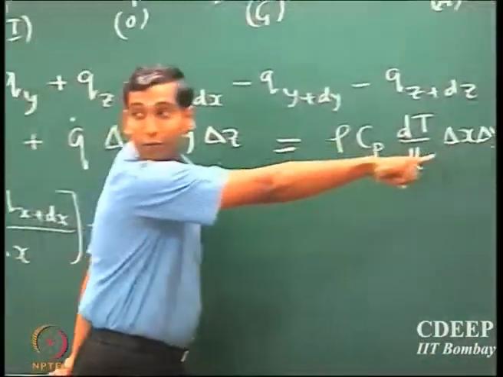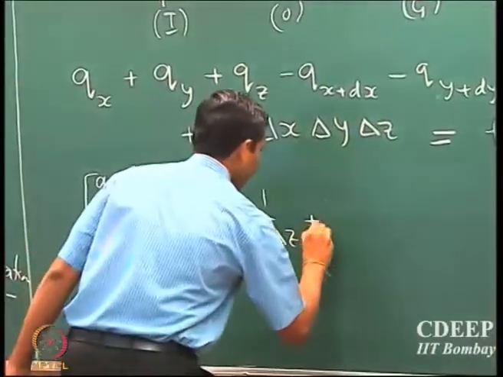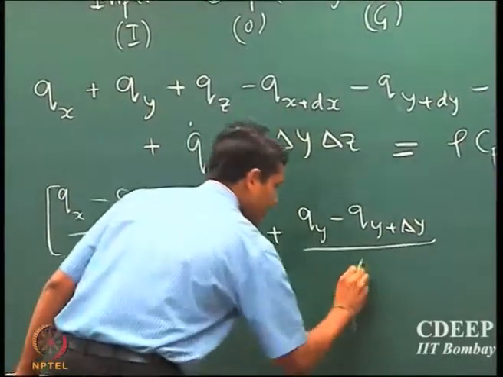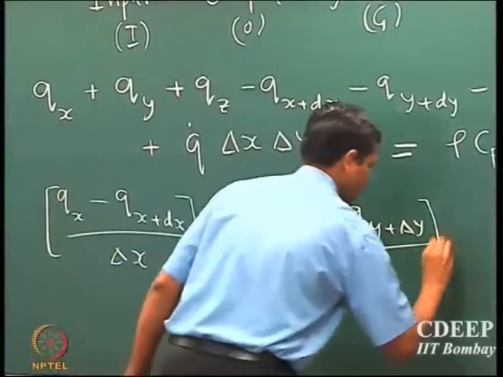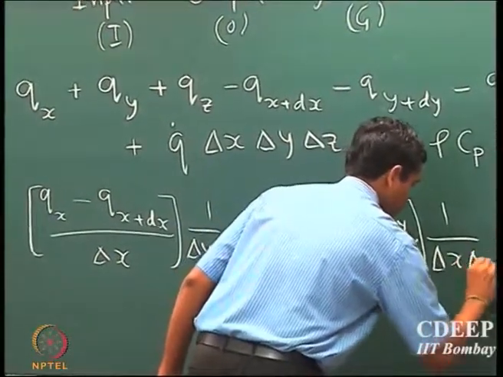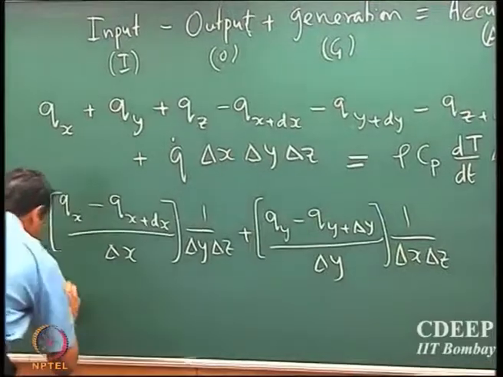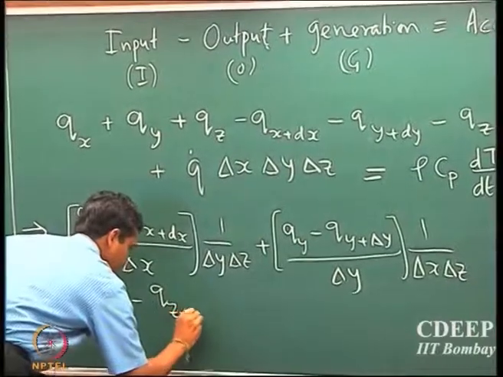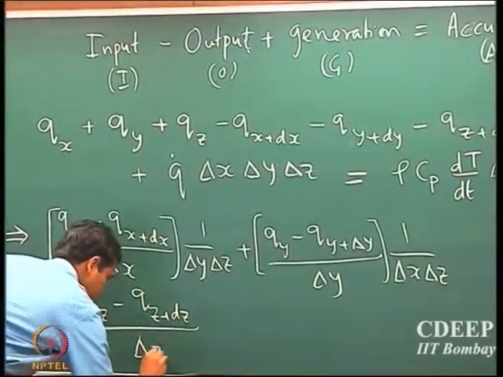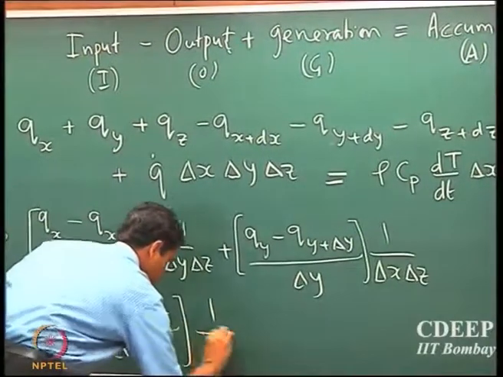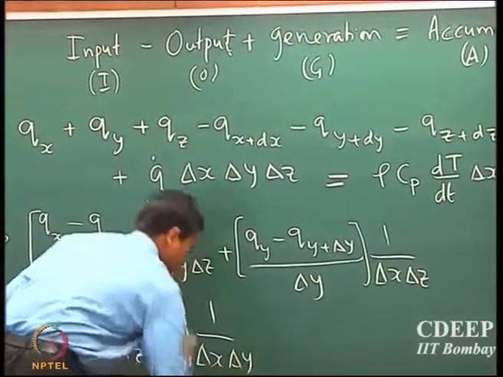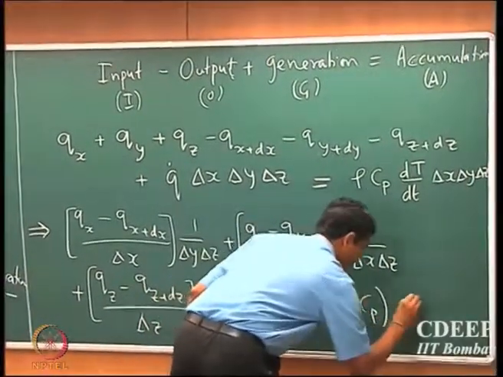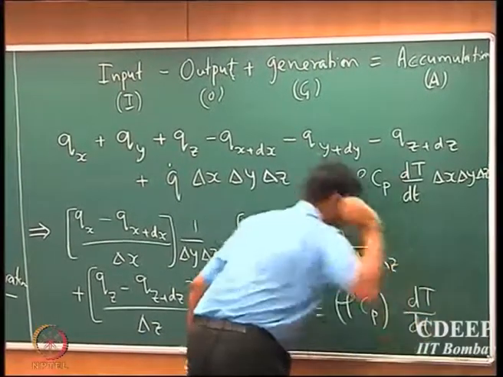So that is why you have to multiply by volume, okay, plus Qy minus Qy plus delta y divided by delta y, into 1 by, okay.